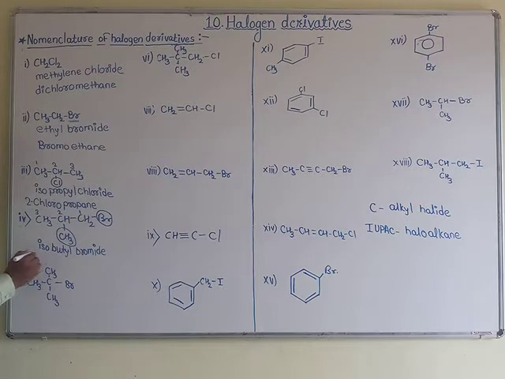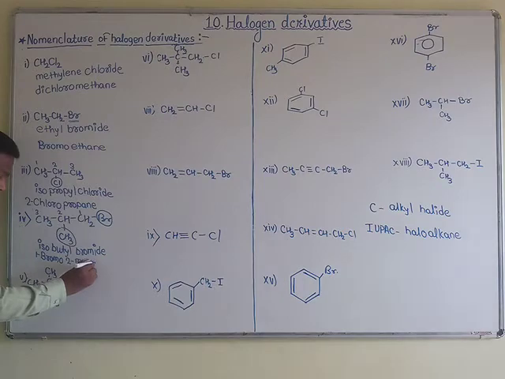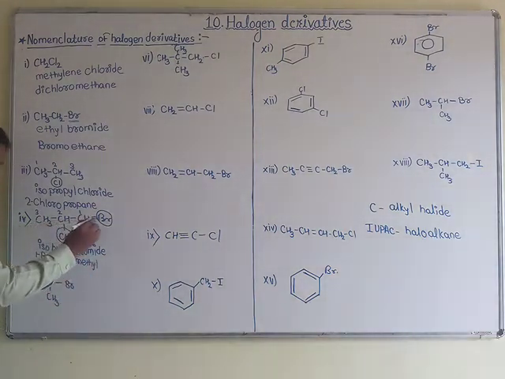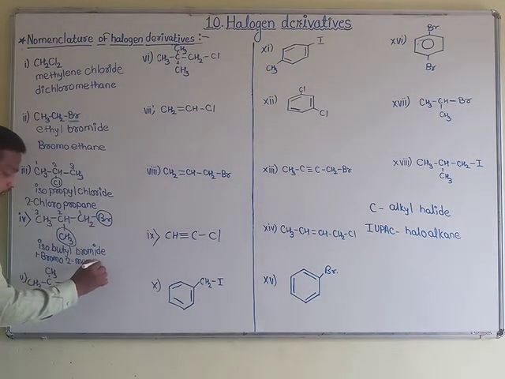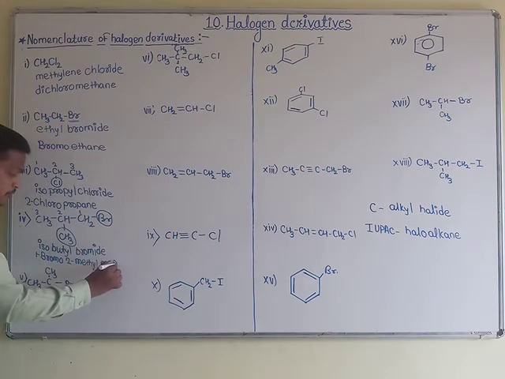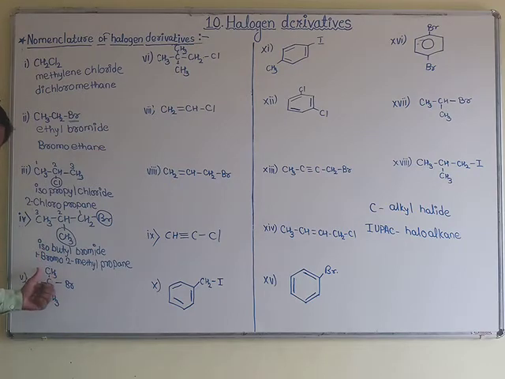The name is 1-bromo-2-methyl. Then, how many carbons are present in the straight chain? 3. Therefore, propane. So the common name is isobutyl bromide and the IUPAC name is 1-bromo-2-methylpropane.